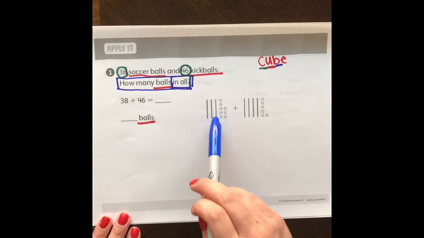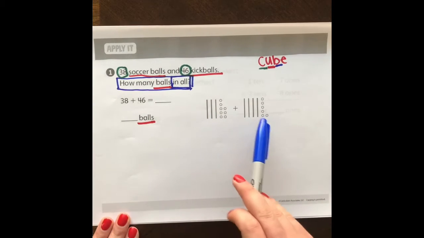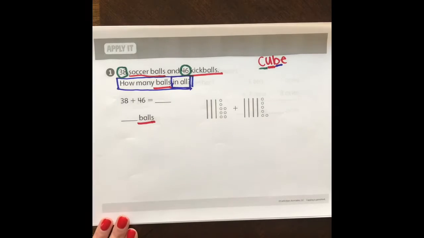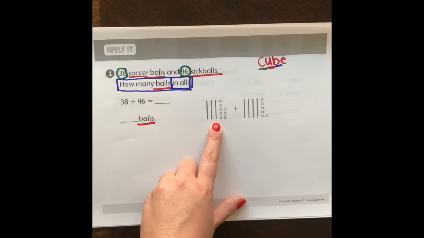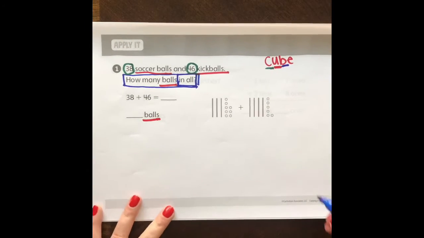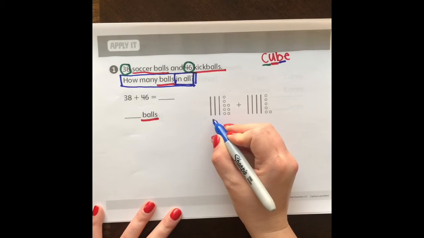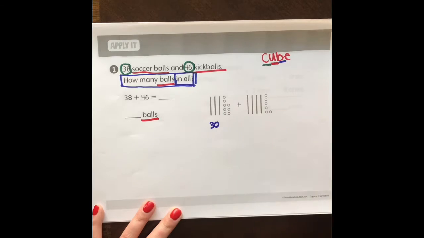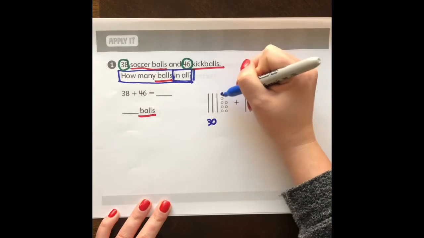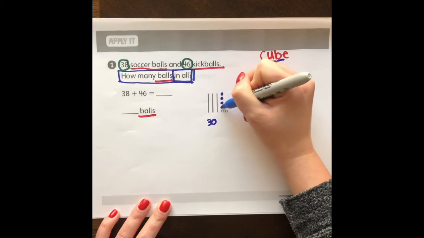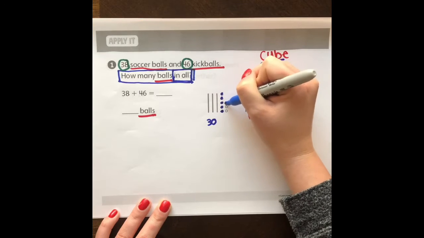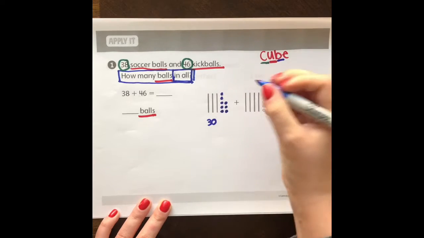And what we have over here, friends, is a nice representation of our two numbers. It looks like this represents our 38 because we have 10, 20, 30. And let's count our ones. 1, 2, 3, 4, 5, 6, 7, 8.